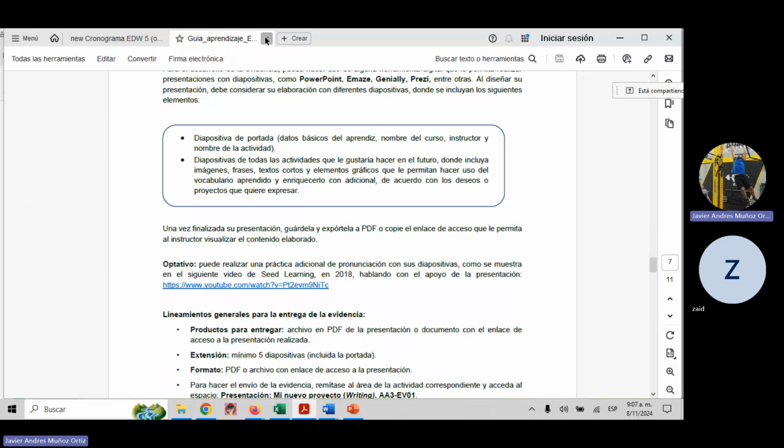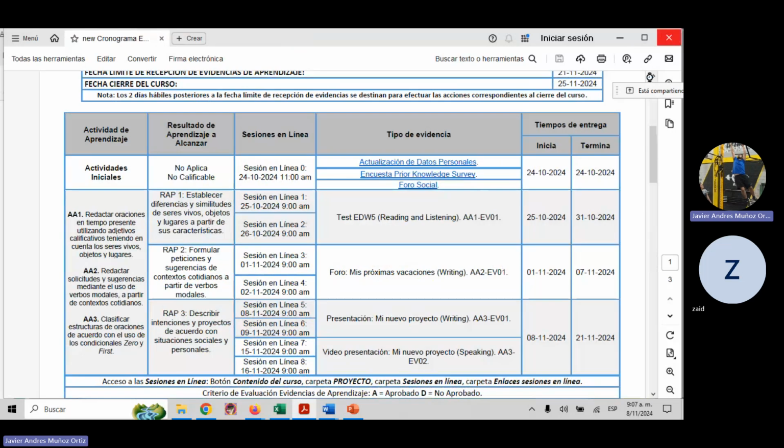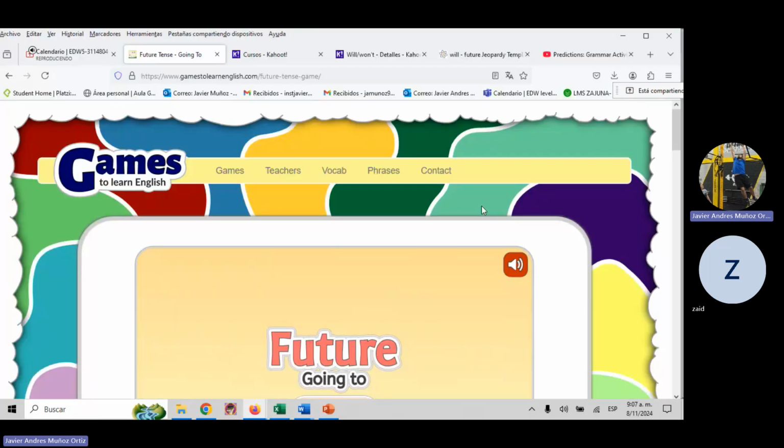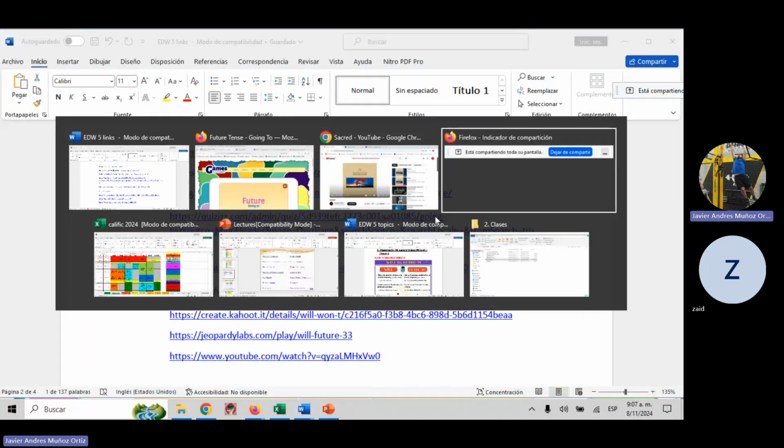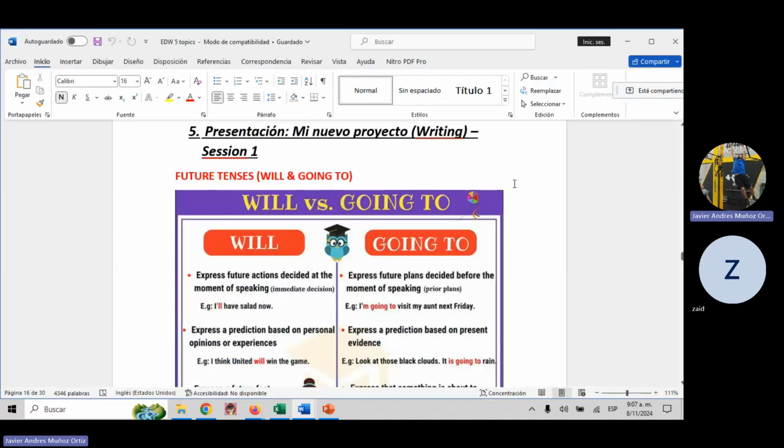¿Vale? Okay, so let's go with the explanation of future simple tenses, because this is what we are going to need as a base to understand how to create conditionals.